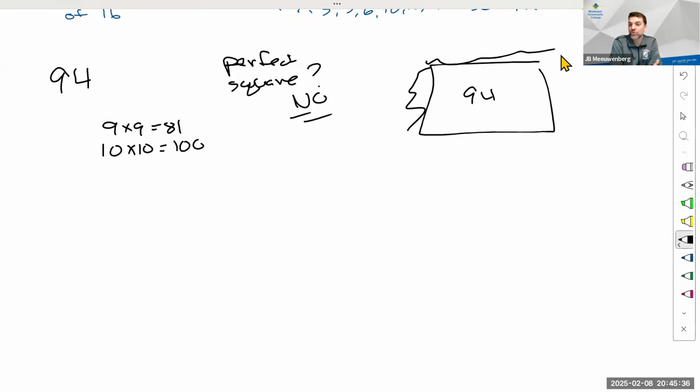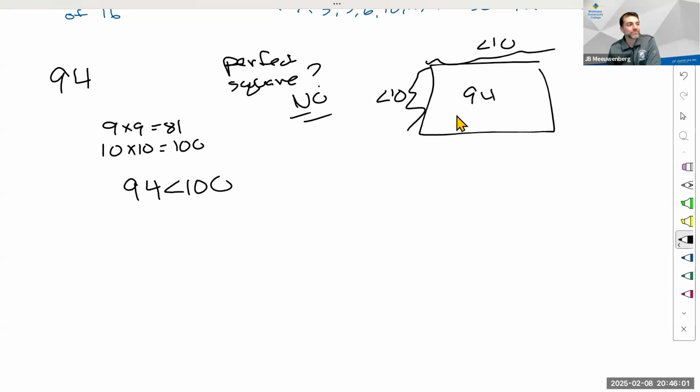Is there some conclusion that you could draw based on some of this information over here? Well, 94 is less than 100. Agreed? Which means all of our sides here have to be less than 10.